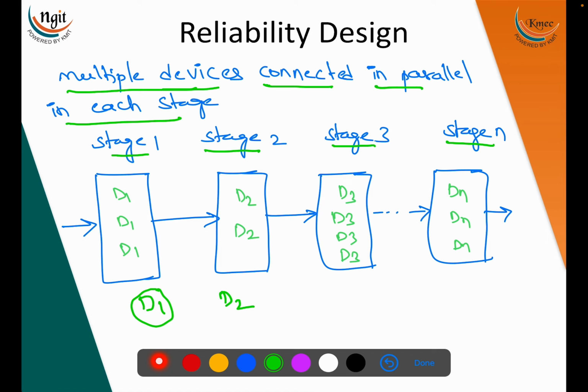That is the reason why we have multiple devices. Now, in stage 1, instead of taking one device, I am taking other devices as well. These are the other devices required in the D2 stage, the D3 stage, and the Dn stage. So, to improve the reliability, we should have multiple copies of the devices.